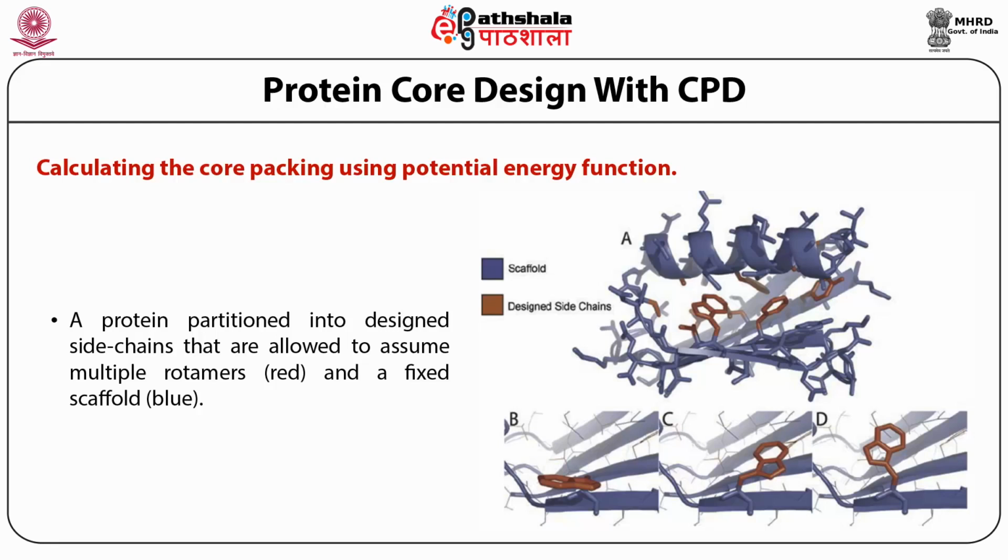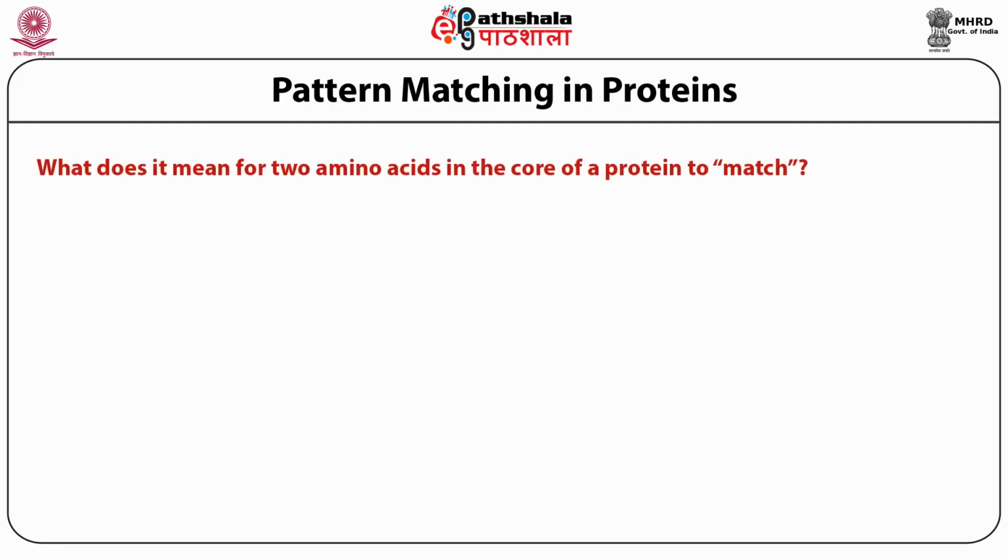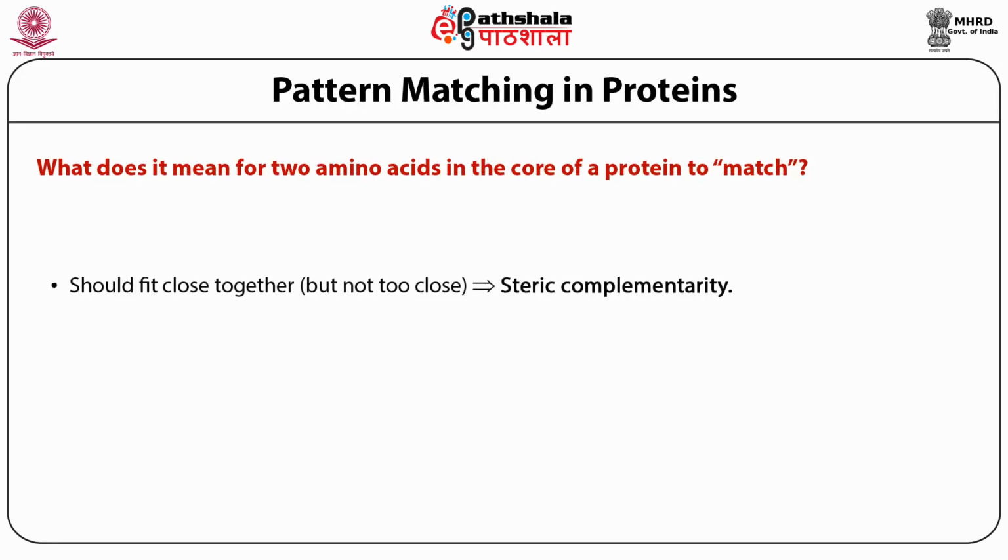What does it mean for two amino acids in the core of a protein to match? They should fit close together. That means they should not come too close. If they come too close, there will be steric interactions. So steric repulsions must be considered. So you cannot keep them too close. They should be at an optimal distance.